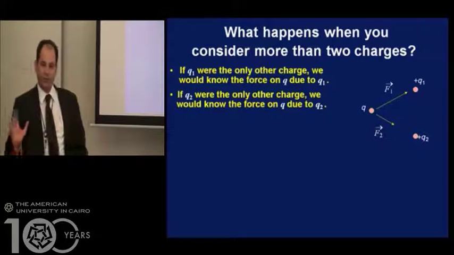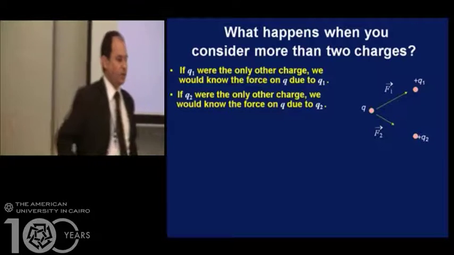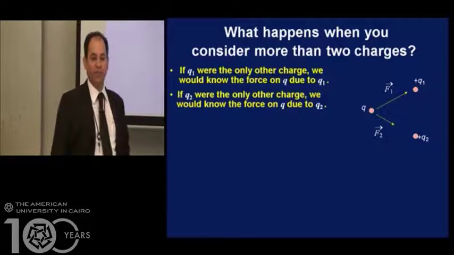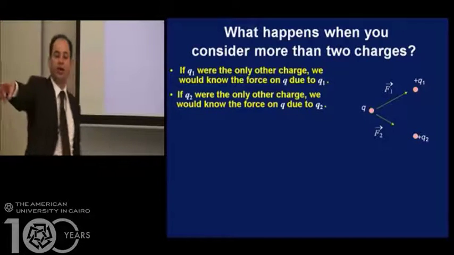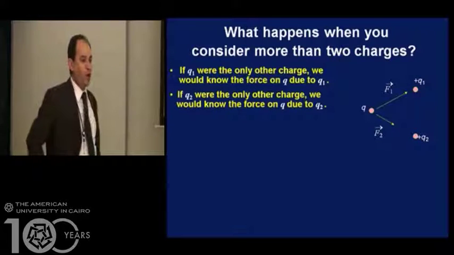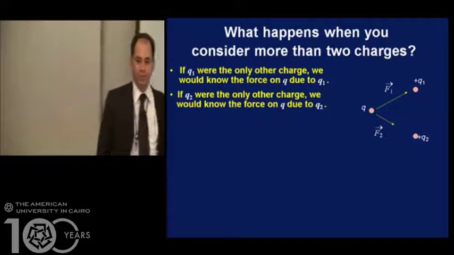So far we're talking about two charges. Only two charges. And you know, life is not that easy. You'll never have only two charges in a real life situation. You will have more than two charges. So assume that Amr has a positive charge, and all of you guys also have positive charges.